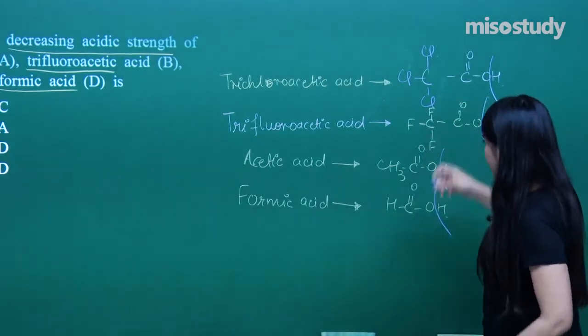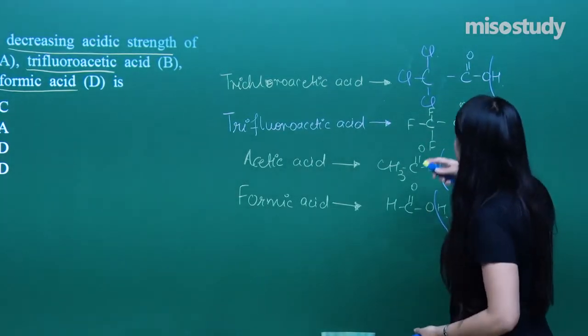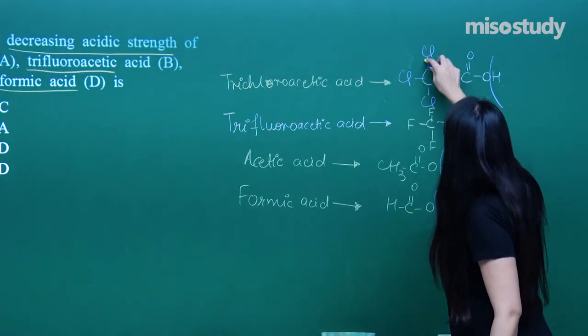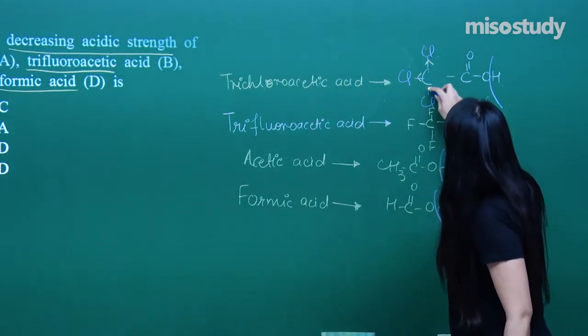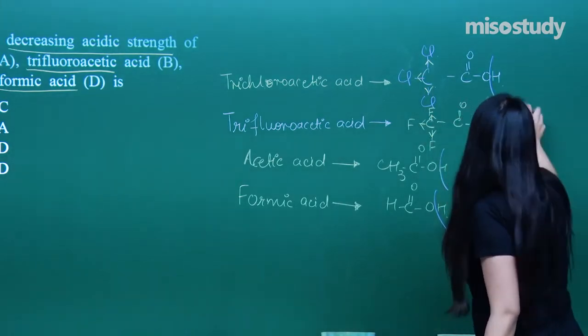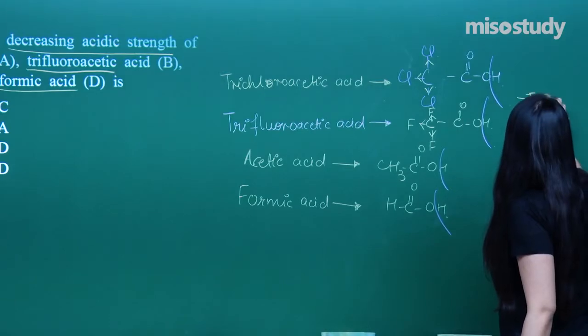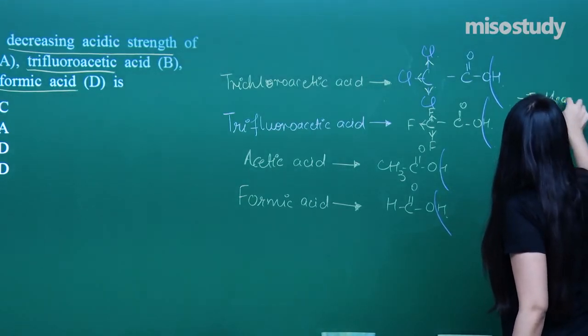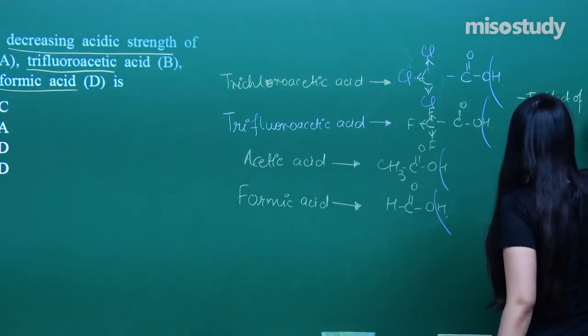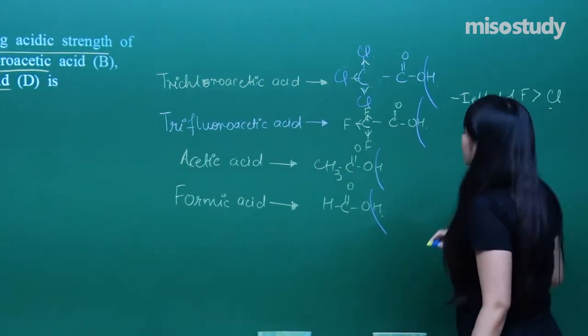So as you see over here, if we consider the withdrawing effect of these 2 groups, so chlorine is withdrawing as well as the fluorine, but the minus I effect of fluorine is always more than that of the chlorine.